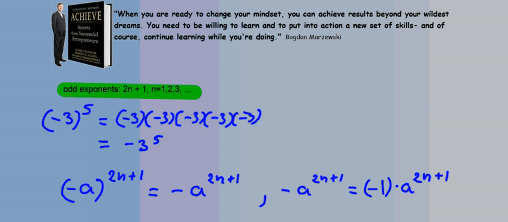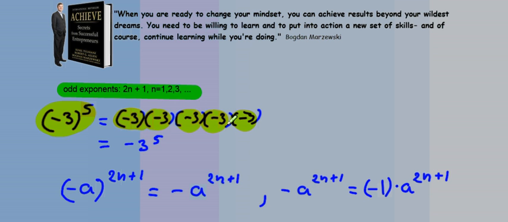So what about when we are working with odd exponents? So odd exponents are expressed in terms of 2n plus 1. So when n is any natural number, times 2 generates even, plus 1 gives you always odd. So look at this simple example, but very important. (-3) to the power of 5, you repeat that negative 3 5 times.